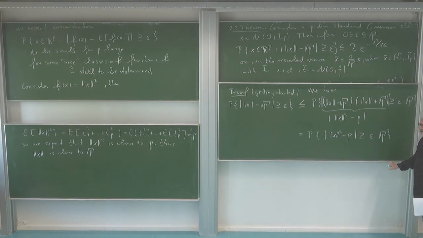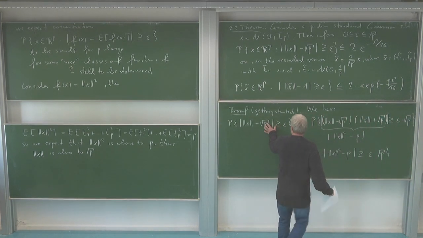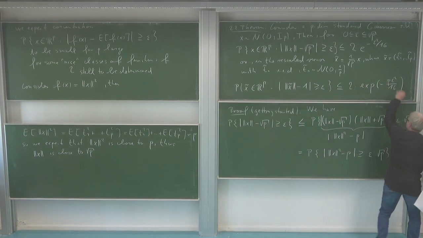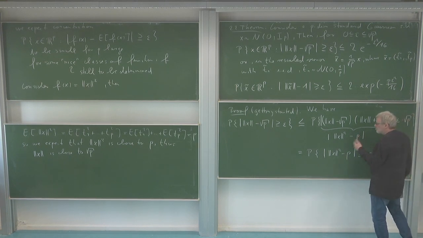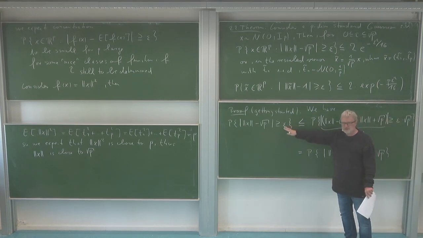Good. Okay. So if I want to show that I can estimate this in this exponential way, I will do this by showing that this here can be estimated by this. So I do the concentration estimate for this quantity with respect to this, and then I also get it for this one.